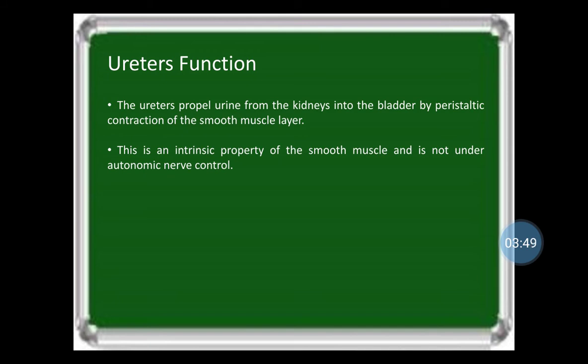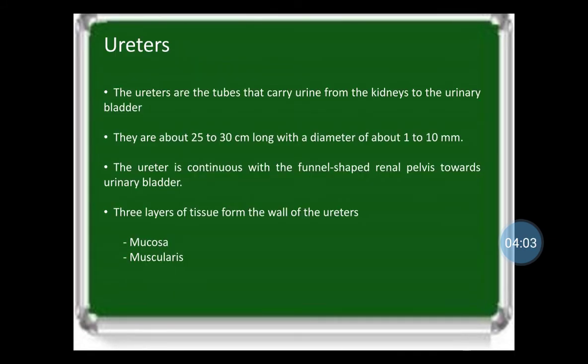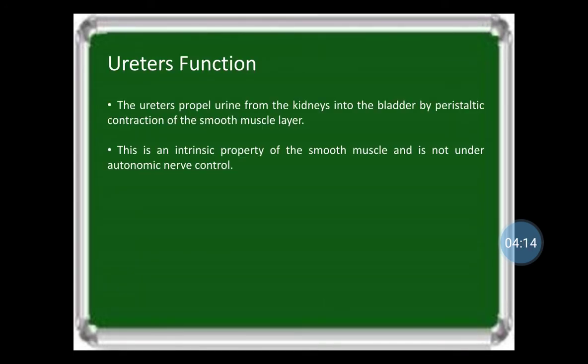The peristaltic waves vary from 1 to 5 per minute, and this is the intrinsic property of the smooth muscle. We discussed here the muscularis. The main function of the muscularis is the peristaltic movement, and it pushes the urine into the urinary bladder, and it is not under voluntary control.